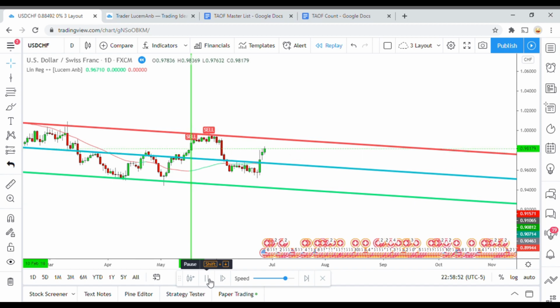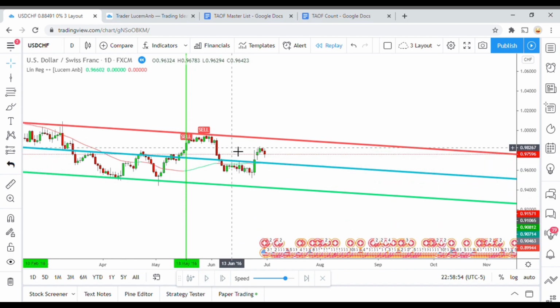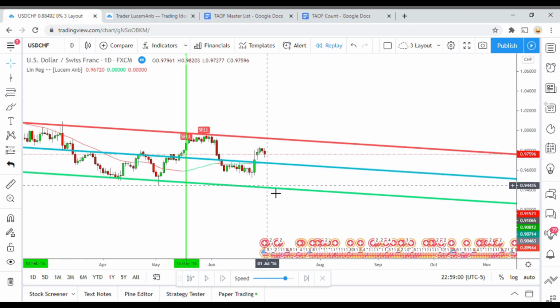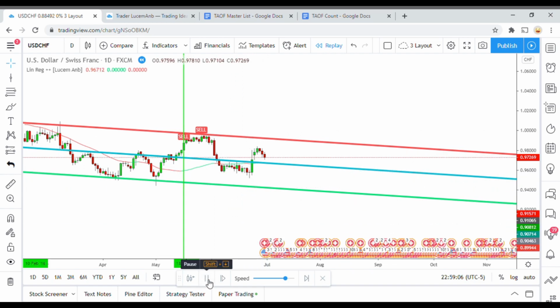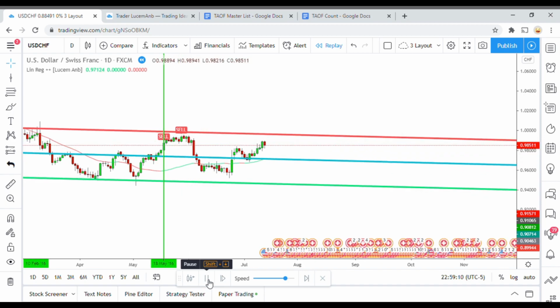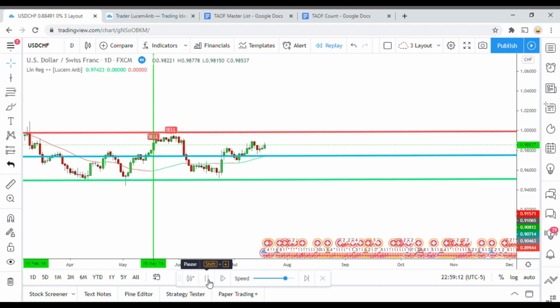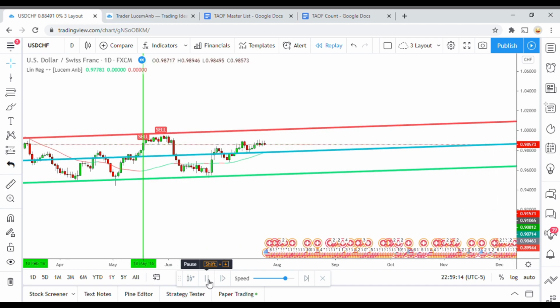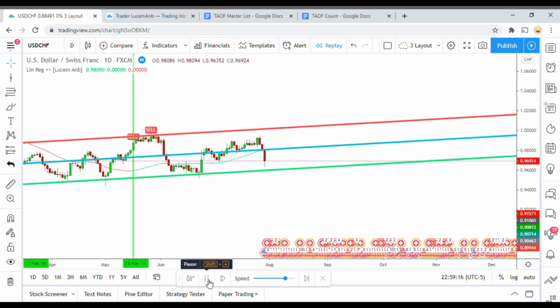Keep on playing it out here, and if you watch closely, you can see how the channel expands and contracts, very similar to the Bollinger Bands as well. So you'll have moments where it narrows in very closely, like right there.